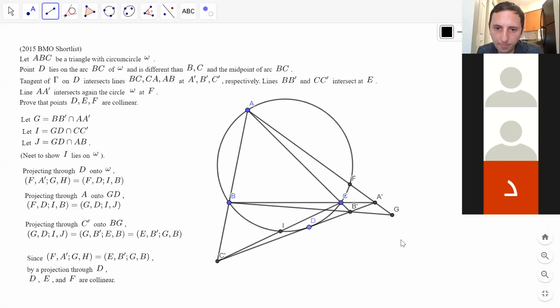But IDC, that's equal to ICD. It almost looks like a trilinear pole a little bit. So we have triangles A prime, B prime, C.